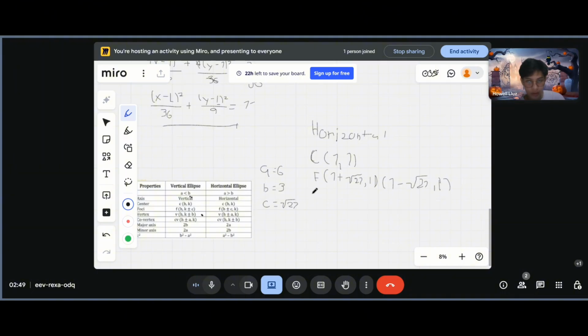And to get the vertex is 6 plus 1, which is 7, comma 1, and to subtract 1 minus 6, which is negative 5, from 6, and to get the co-vertex is just same with the vertex.